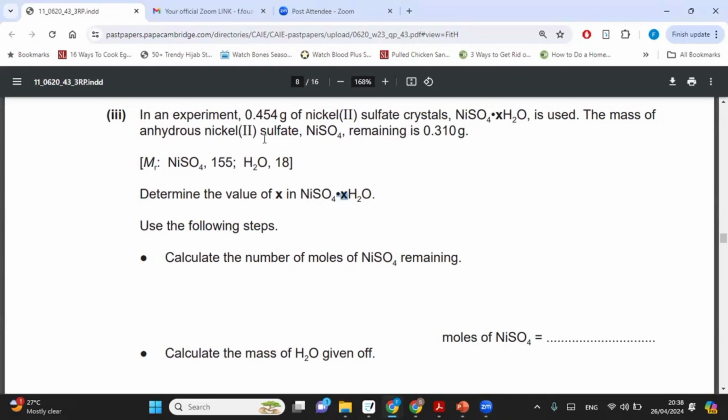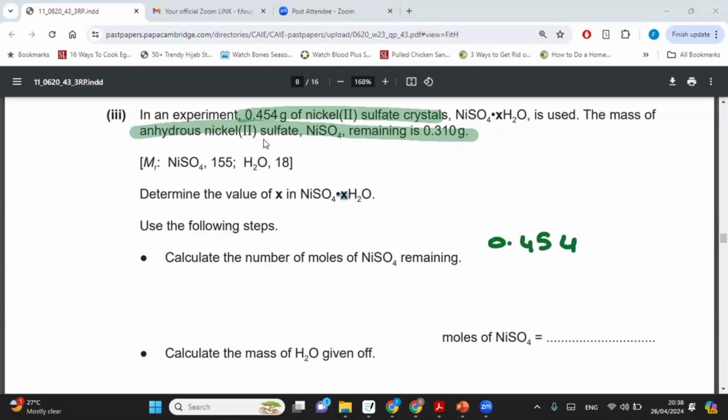In an experiment, again, we are going to be highlighting as we go along, 0.454 grams of nickel sulfate crystal is used. The mass of anhydrous nickel sulfate remaining is 0.310. What they've done is they have taken a nickel sulfate crystal. That crystal has a mass of 0.454.